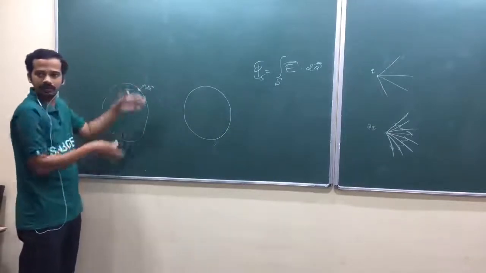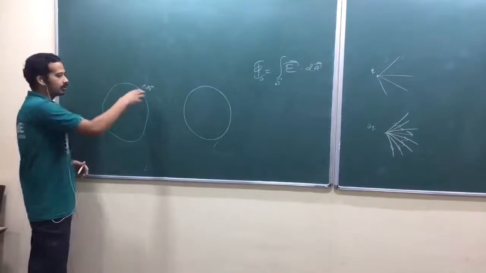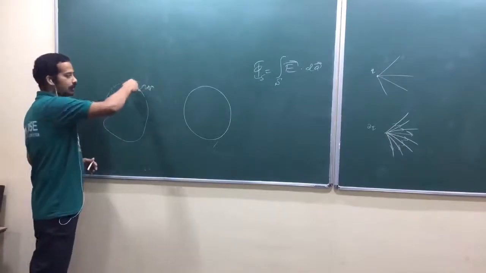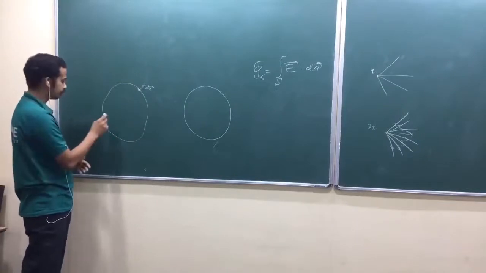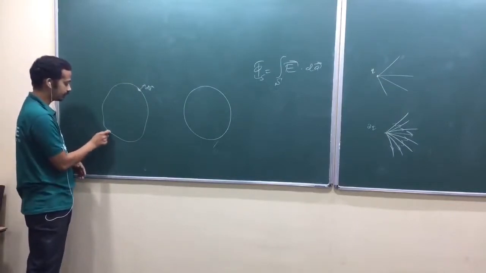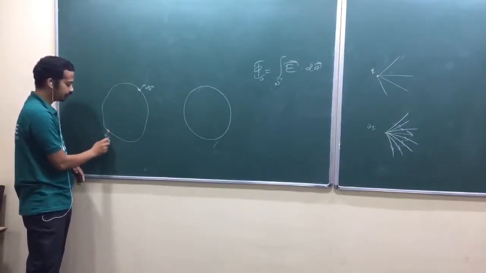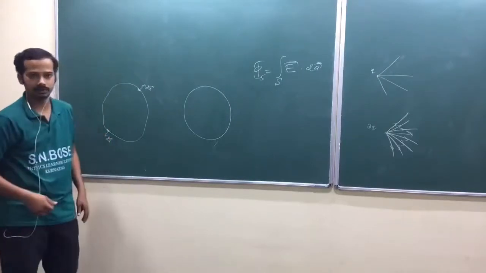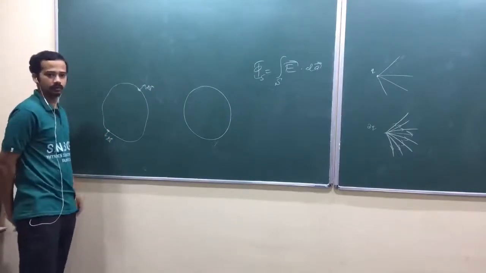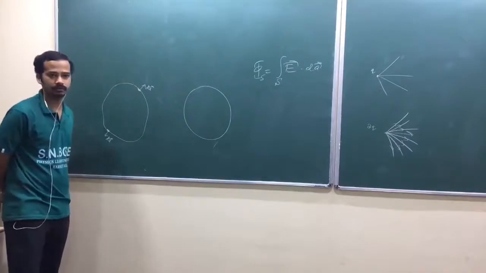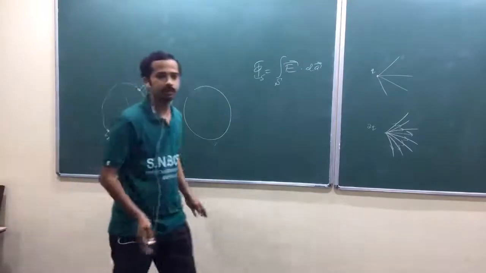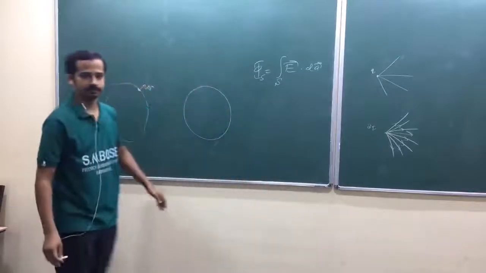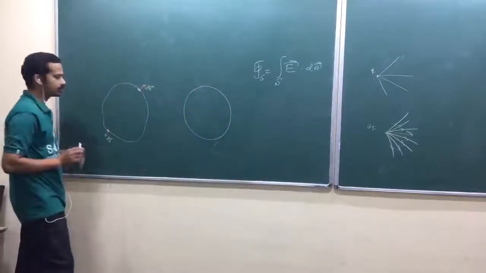It can be of any shape. Remember, it is always the convention to choose that area vector outward from the region. Wherever it is, you have to choose this dA vector outward from that region. Again, you have to ask the question why we have chosen that convention. That is to make outward flux positive, inward flux negative. Let me take the simplest example.